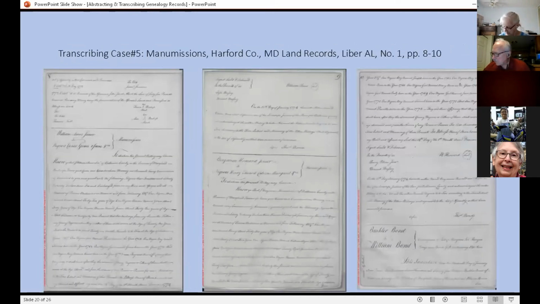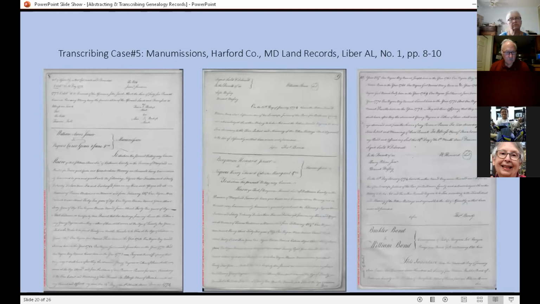And the last transcribing document that I've included here is 2 manumissions. And these were actually done in the first land record book that was ever recorded in Harford County. That was in 1774. And these were two records.